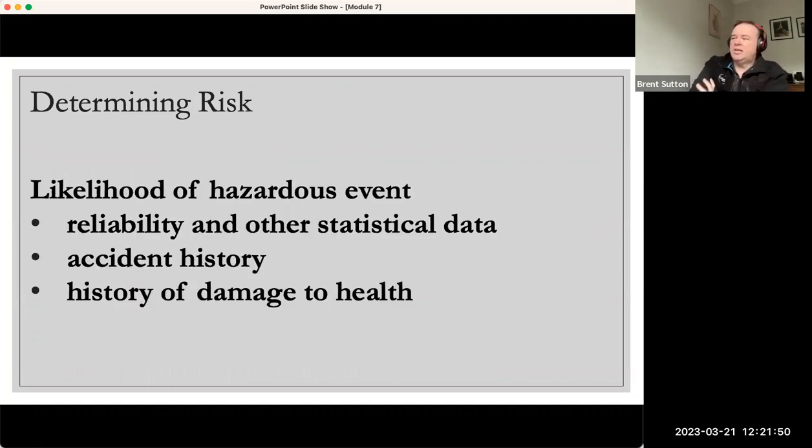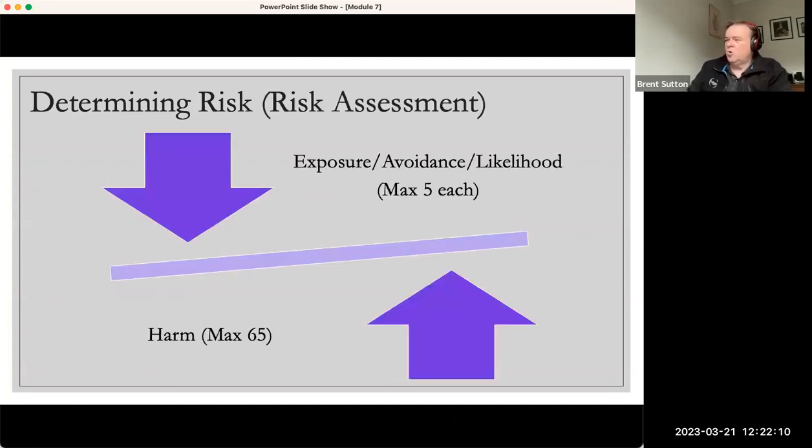And the last component is likelihood of the event occurring. And likelihood can come from how reliable the machine has been, or its age, any accident history, or any history of damage to health. Likelihood I'm not terribly fussed about, because the way this model works is that it only gives a numbering process of up to 5 for each of the elements of exposure, avoidance, and likelihood.